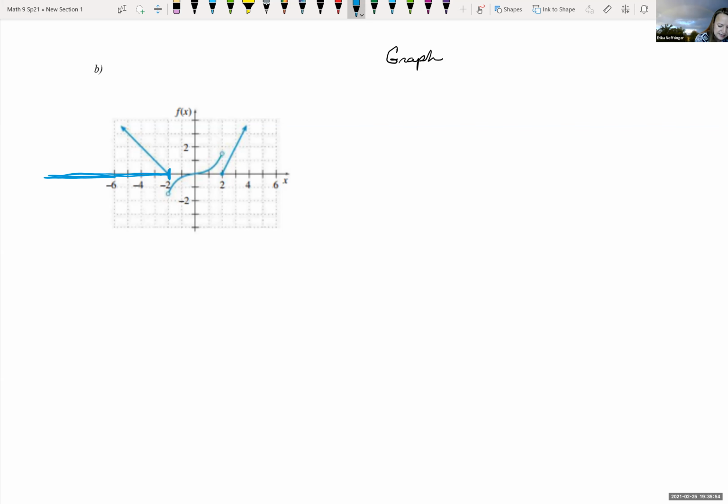So all these x values, x less than -2, or another way to write that is -infinity to -2, have the same slope, the same f prime of x values.